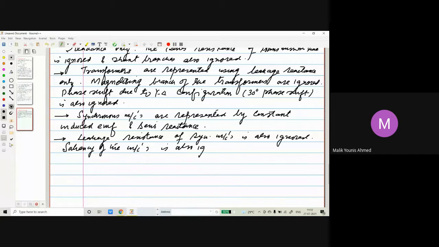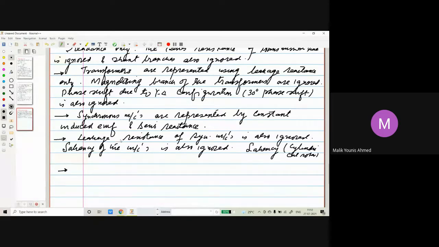Saliency means, as you have studied in machines, cylindrical rotor versus salient pole. That is ignored in this case. We don't consider that saliency.